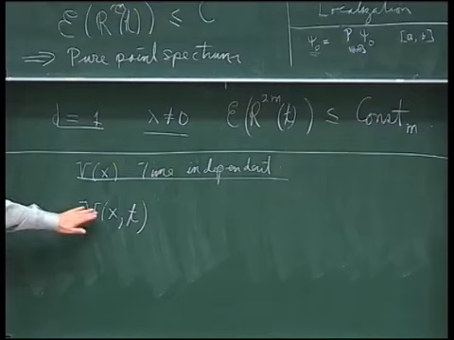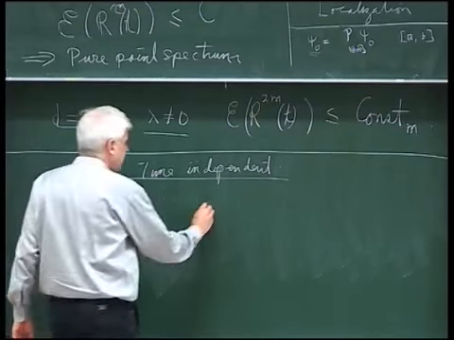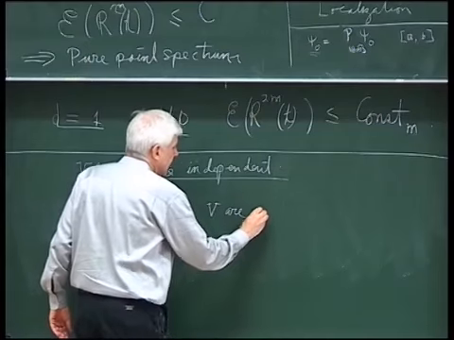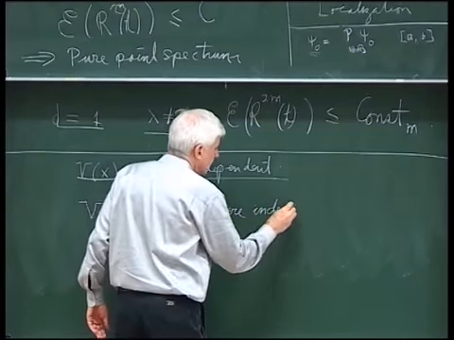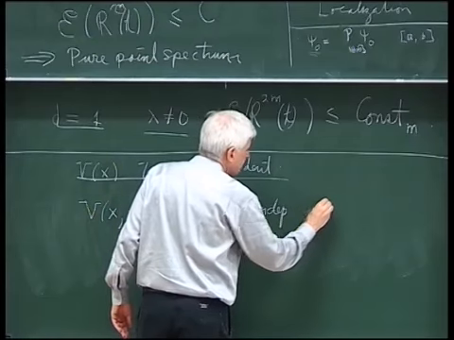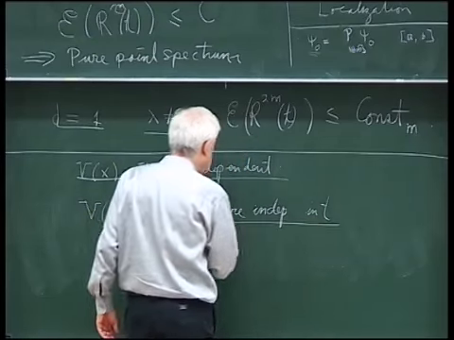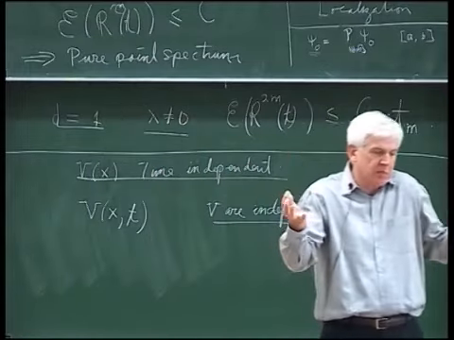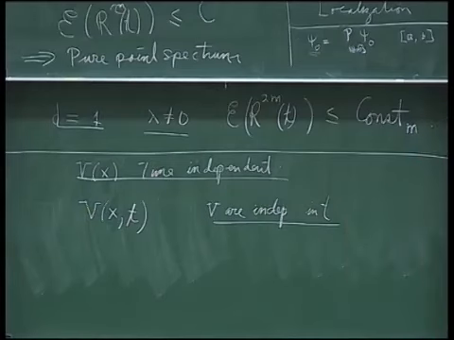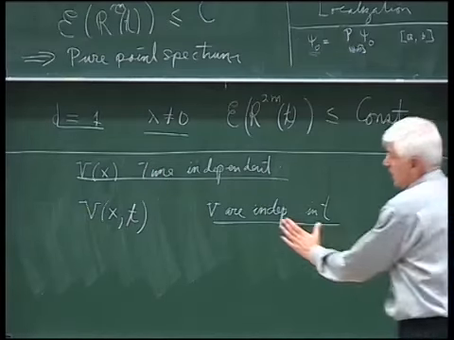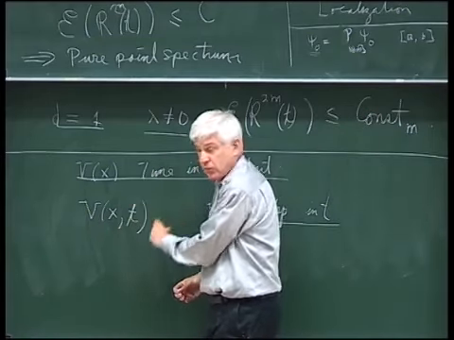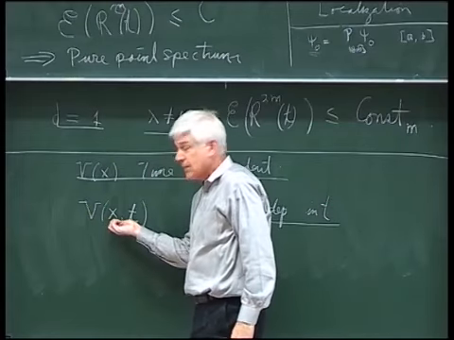So the v's are independent for different x's, and I will assume that the v's are independent in t. Now I have to be precise about that. What I mean is, if I take different times, separated by some unit length, then at different times this potential looks different. It's independent of what it was before. So there's independence in x and in t.